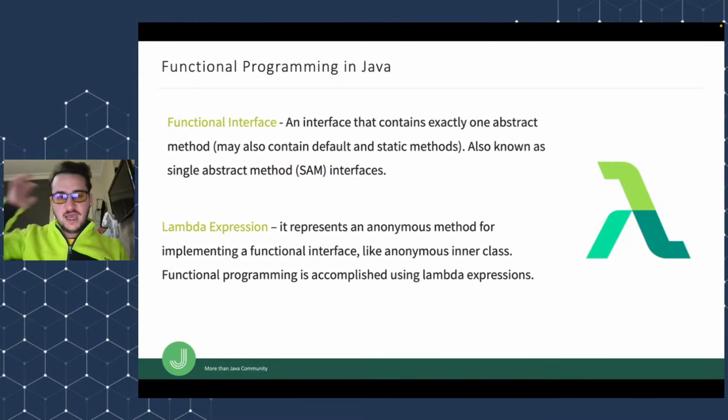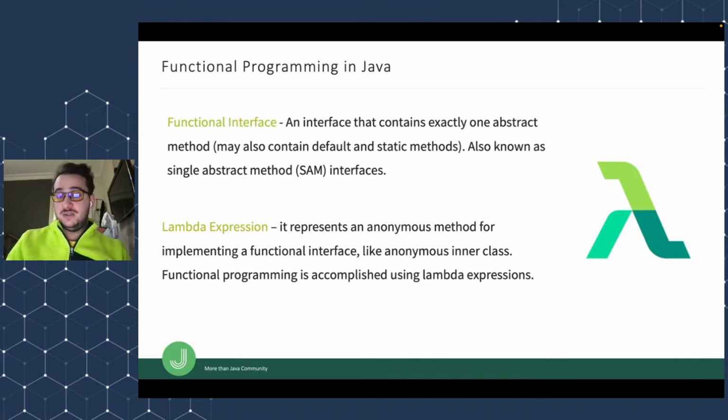And one of the other very interesting topics we have is the Lambda expression. So what is a Lambda expression? It's a way of writing in functional programming. It's basically an anonymous method, meaning we can write methods in Java that don't have a name.